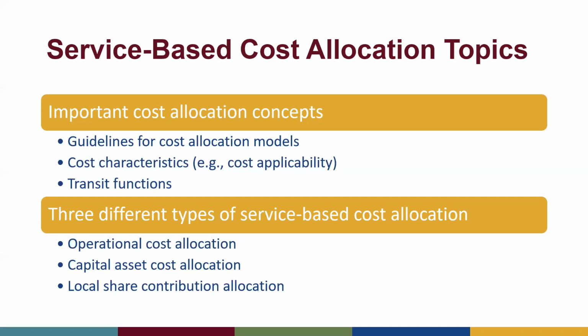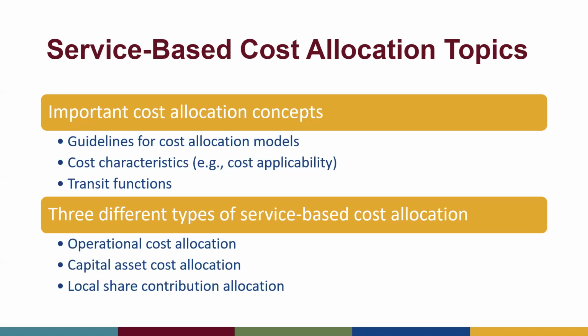We talk about allowability. We talk about other types of cost principles that are important to understand when you're building a cost allocation model. And we talk about transit functions, particularly the functions that are used by the National Transit Database and the Uniform System of Accounts, or the USOA. And then the chapter also goes into, as Nancy mentioned earlier, 3 different types of service-based cost allocation.